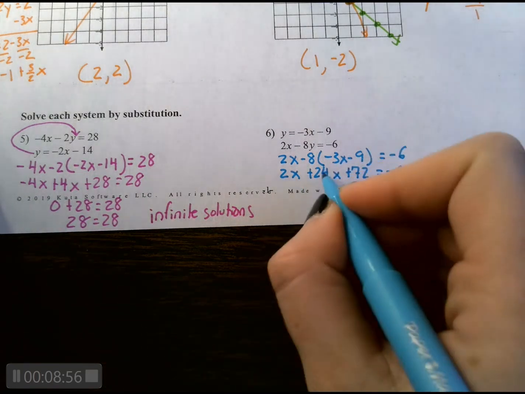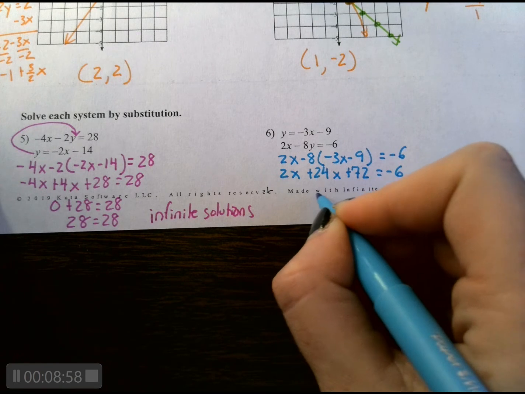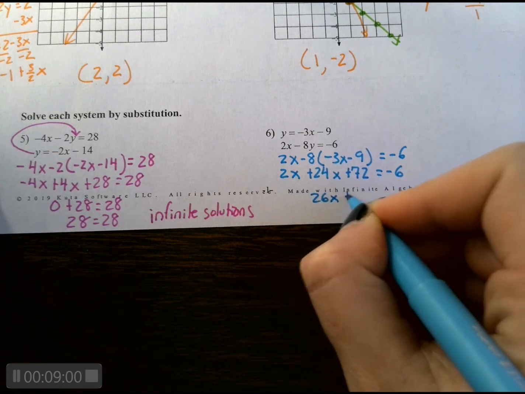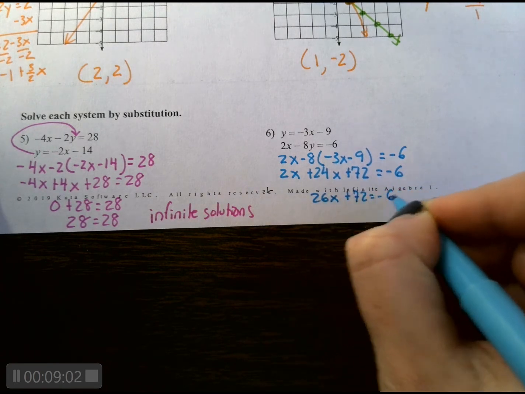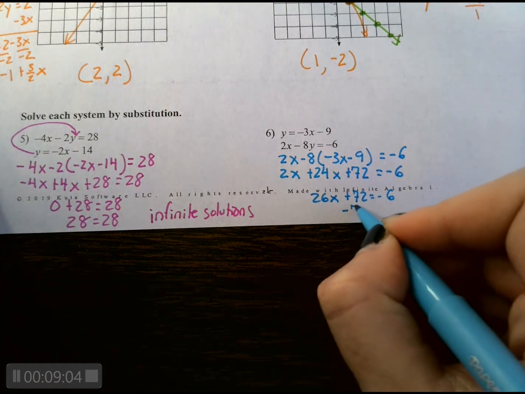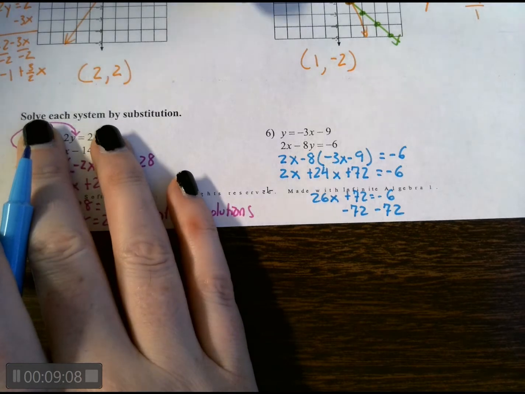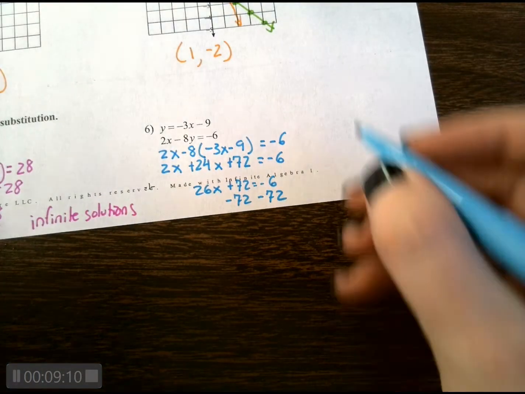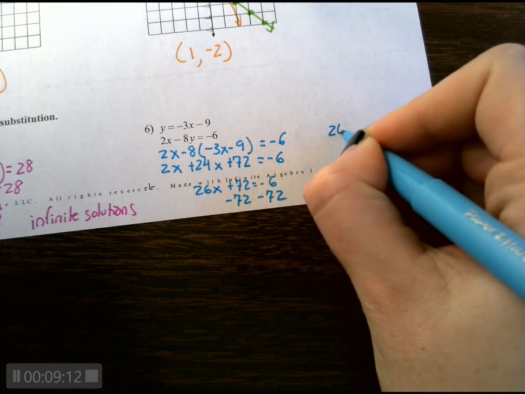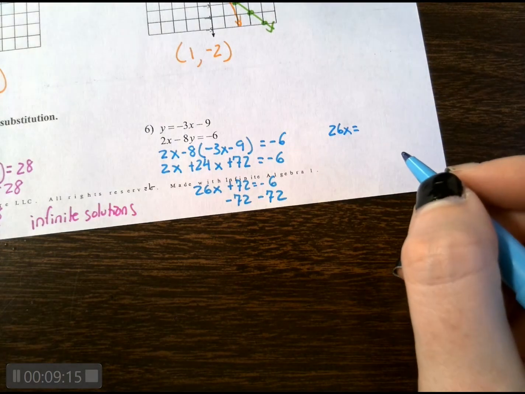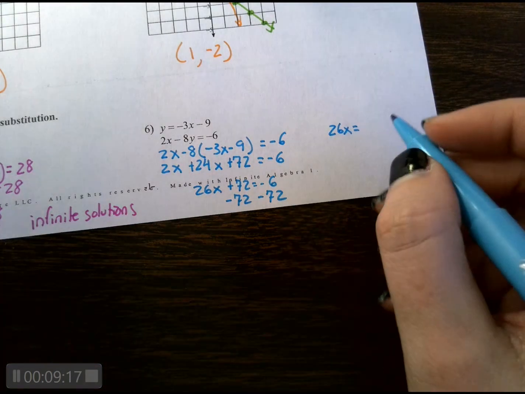And then we have 2x plus 24x, which will give us 26x. And then we are going to subtract 72 from both sides. And I'm going to move it over here. So we get 26x equals, oops, I shouldn't have done it that far over. That's okay.